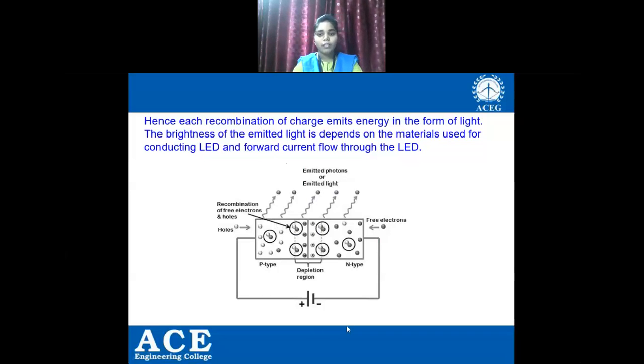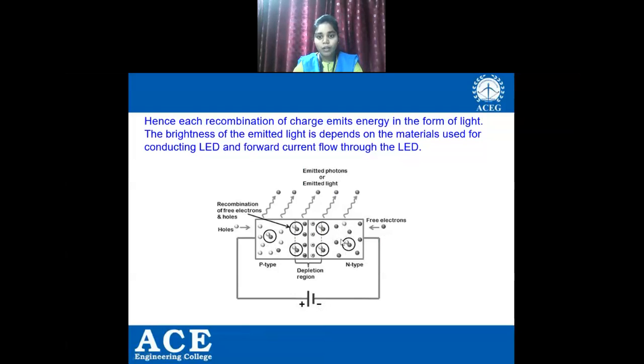Here in the diagram we can see P-type, we have positive, that means anode, and N-type is nothing but what? Cathode, means negative. I used a battery, plus is connected to the P side and the minus negative terminal is connected to my N-type. Whenever I am giving in this format, right, P side holes are pushed towards the depletion region and N side free electrons are pushed towards the P-type material, because I have given negative, right?